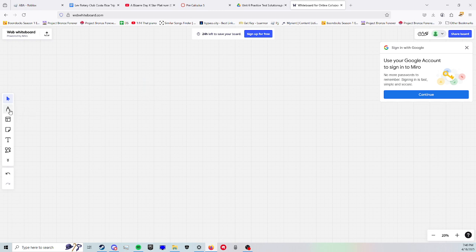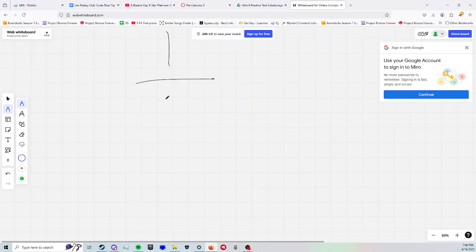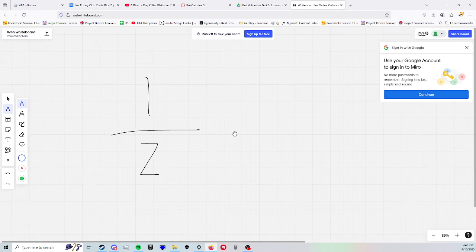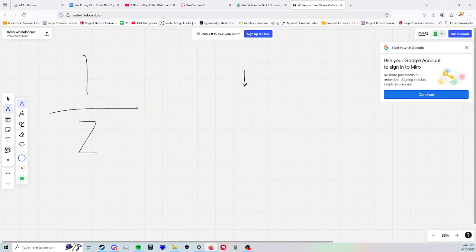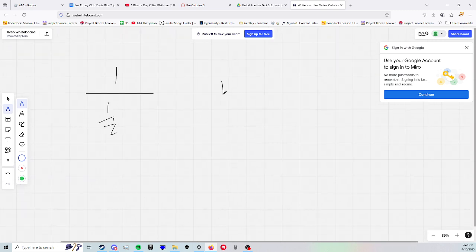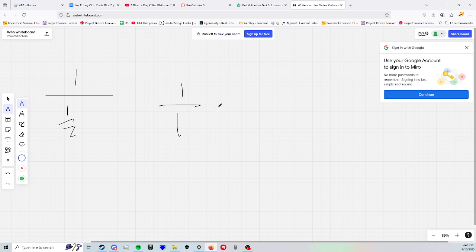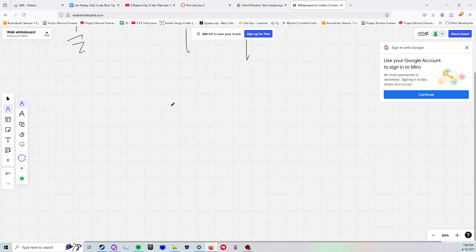So if we know the first one is 1 over 2, then it's 1 divided by 1 over 2. Essentially what you're doing is 1 over 1 times 2 over 1, because you're dividing it.